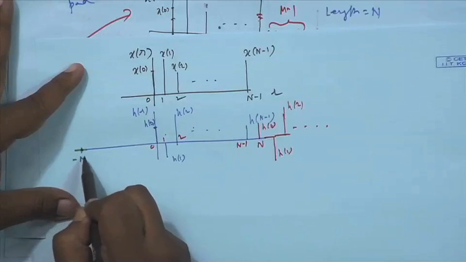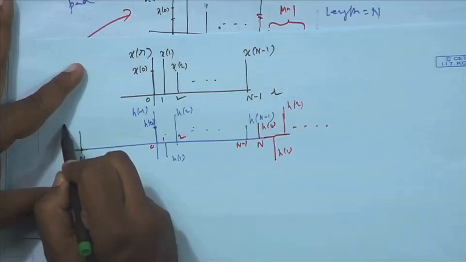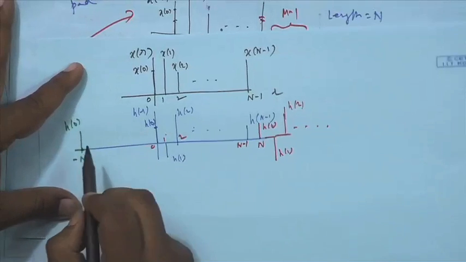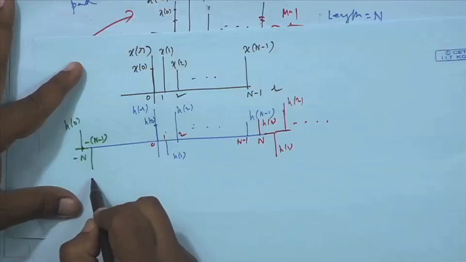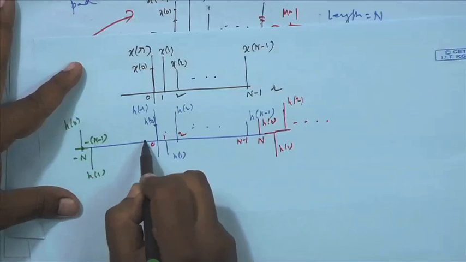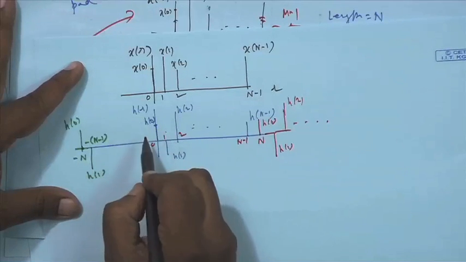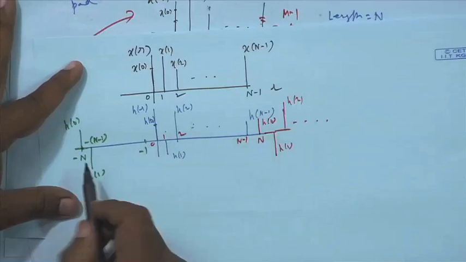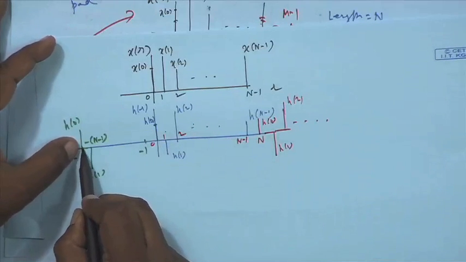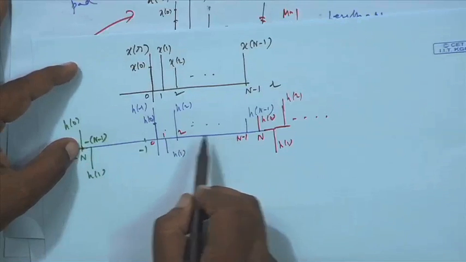At minus n you will have again another H0, then H1 dot, at minus 1. This is periodic, this thing will repeat. Whatever you have at any point, if you jump to the right by capital N, you will get the same point.